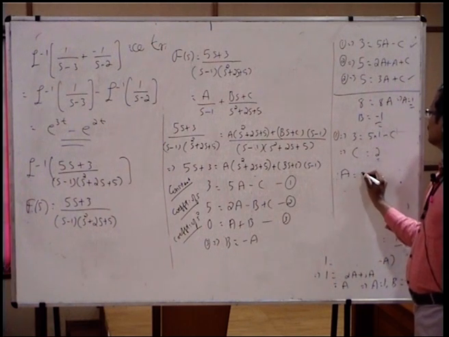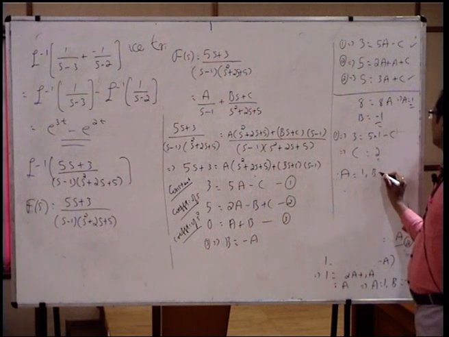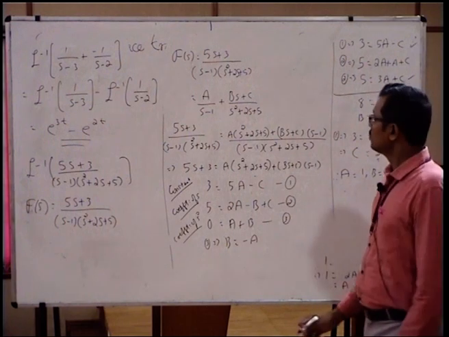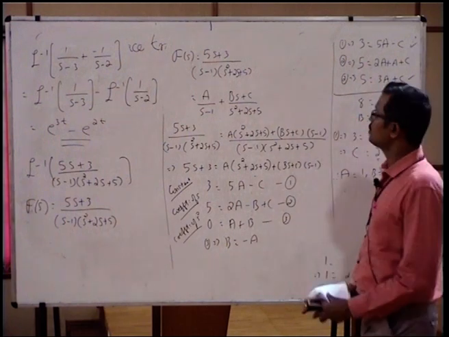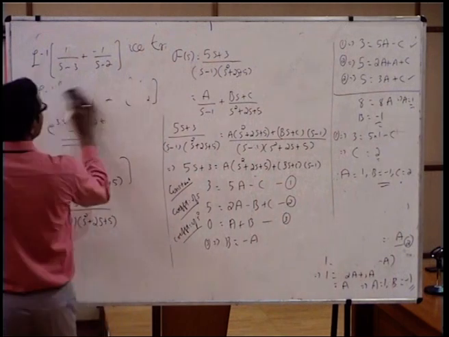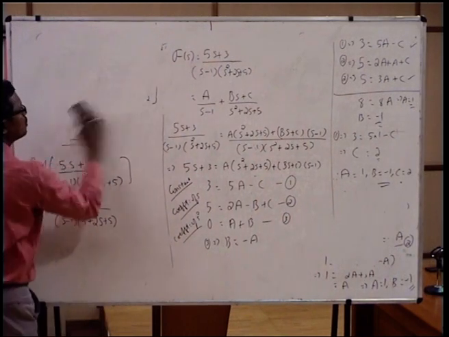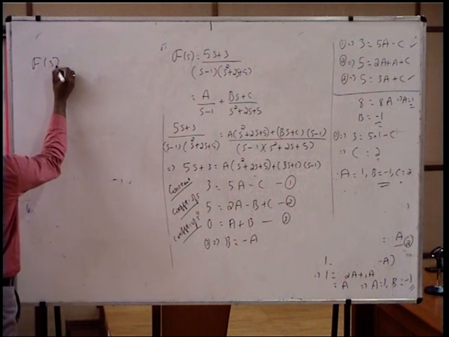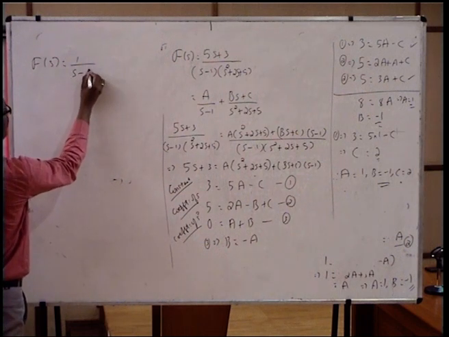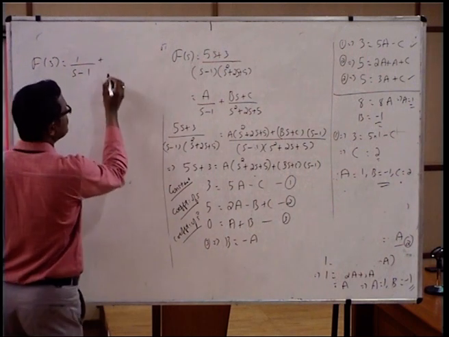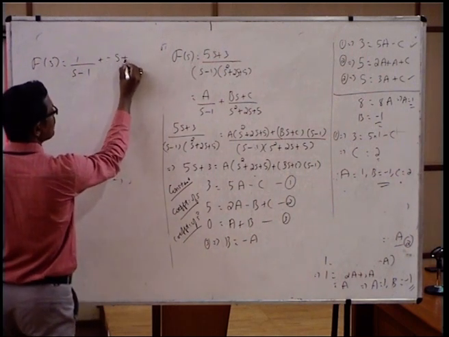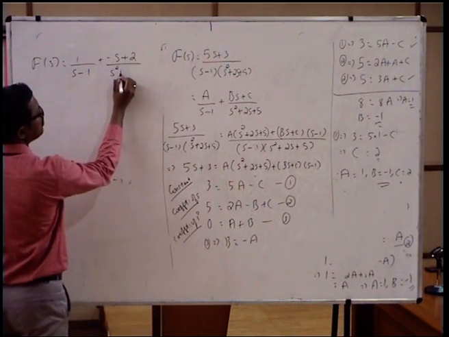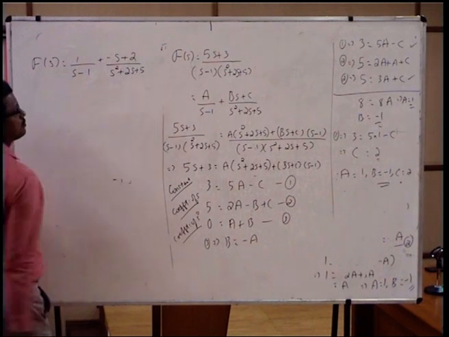Therefore, a equal to 1, b equal to minus 1, and c equal to 2. Now substitute these values in this equation, we get F of s equal to 1 by s minus 1 plus minus s plus 2 divided by s square plus 2s plus 5.